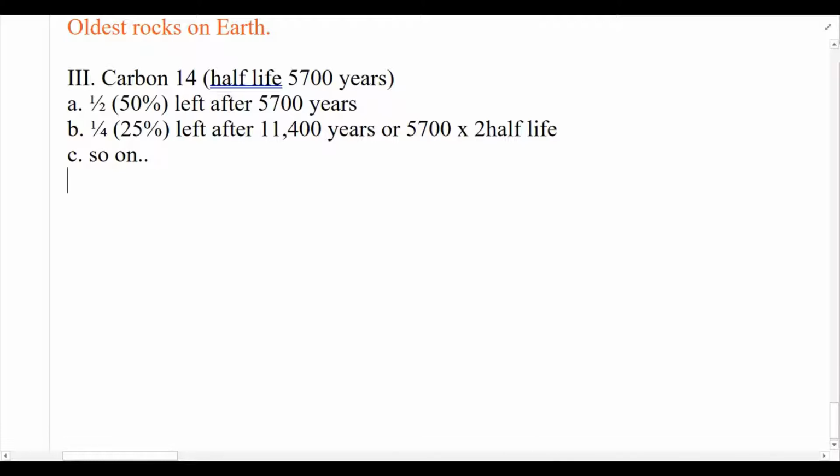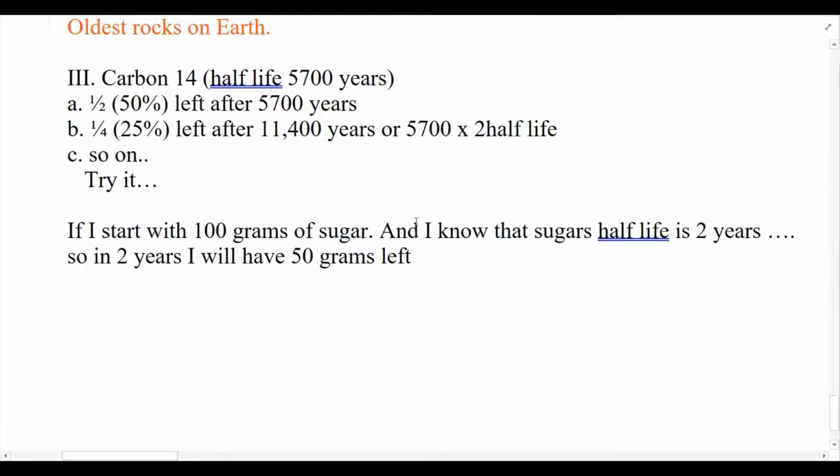So let's try it. If I start with 100 grams of sugar, and I know that sugar's half-life is 2 years, then in 2 years I will have 50 grams left. In 4 years, that's another half-life, so I will have 25 grams left.